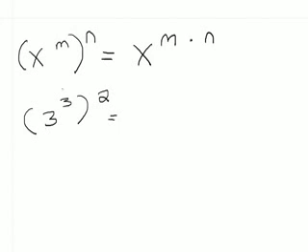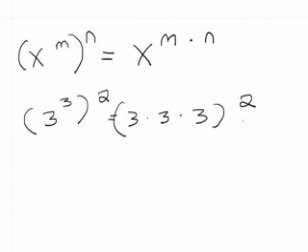So the concept here is that 3 to the 3 is saying that I'm raising 3 to the third power, which is 3 times 3 times 3. And so 3 times 3 times 3 to the second power, if we think about this as just being a single number, doubles what I have inside the parentheses. That's what the squared will do.